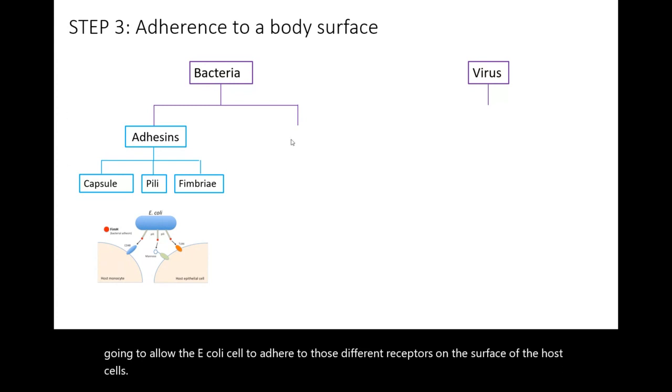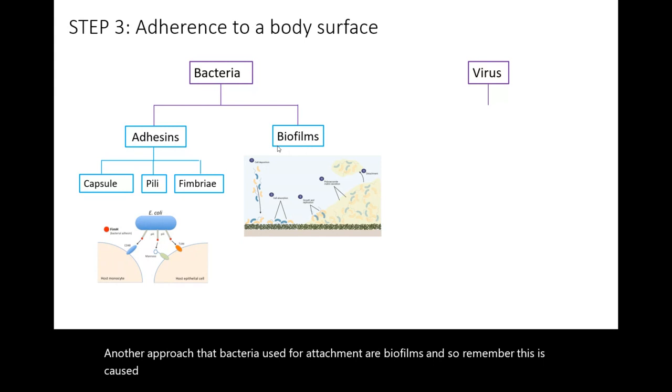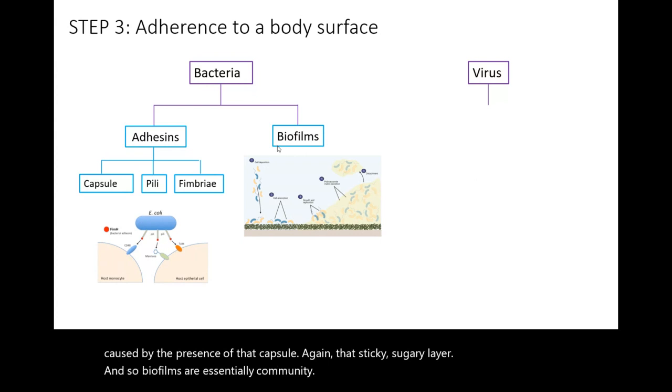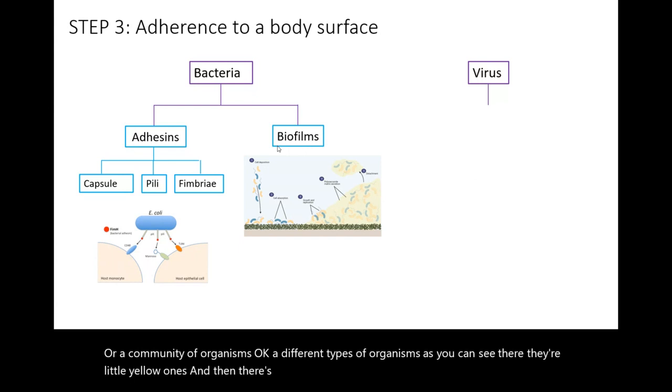Another approach that bacteria use for attachment are biofilms. And remember, this is caused by the presence of that capsule, again, that sticky, sugary layer. Biofilms are essentially a community of organisms, different types of organisms, as you can see there. There's little yellow ones, and then there's blue ones with flagella.